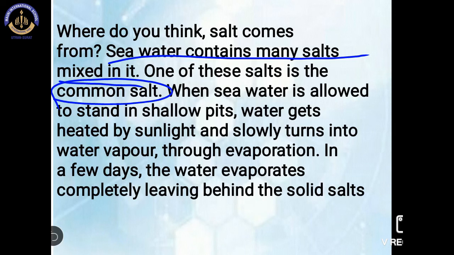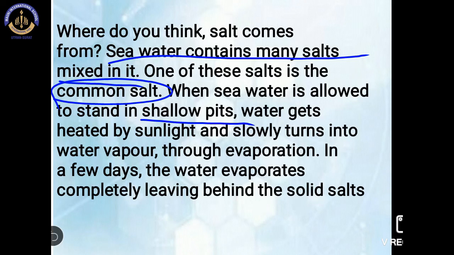When seawater is allowed to stand in shallow pits, meaning ground which has a large hole, the water gets heated by sunlight and slowly turns into water vapor. Because of the sunlight, the water is heated and converts into water vapor through evaporation. This is called the evaporation process.